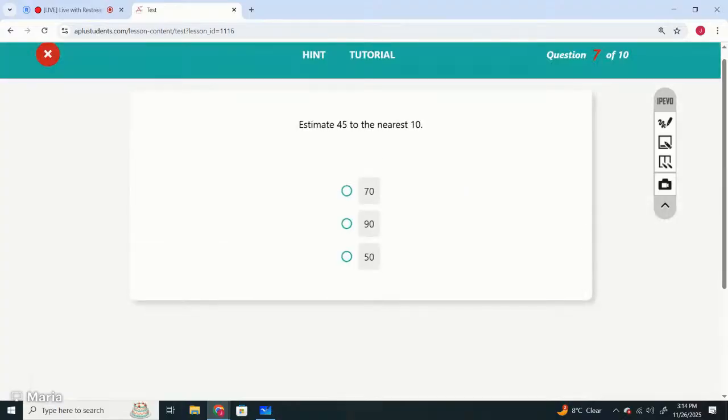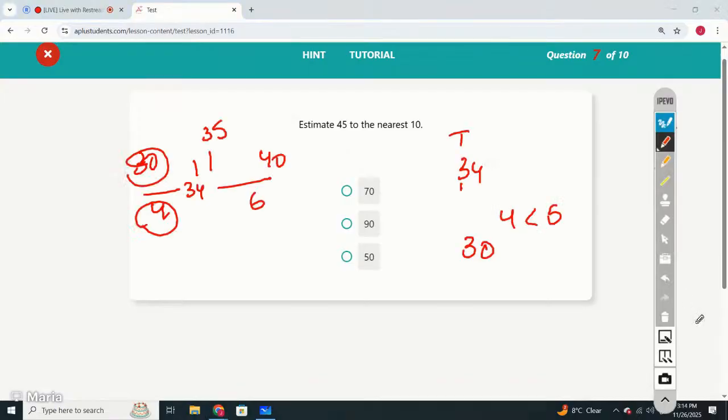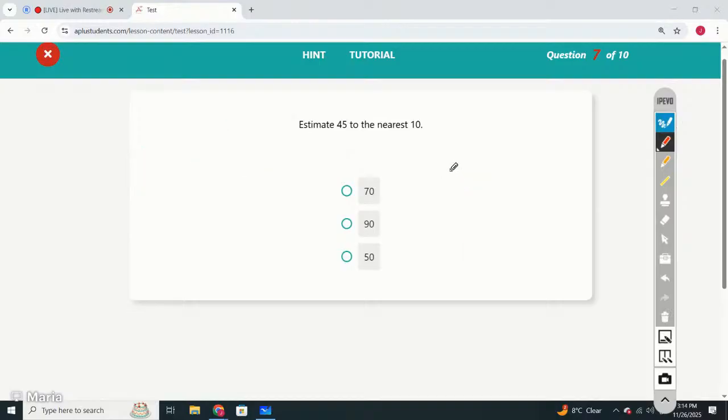Estimate 45 to the nearest 10. Now 45 is exactly the midway between 40 and 50, right? So if the number is exactly the middle number between the two numbers, it would be rounded up.